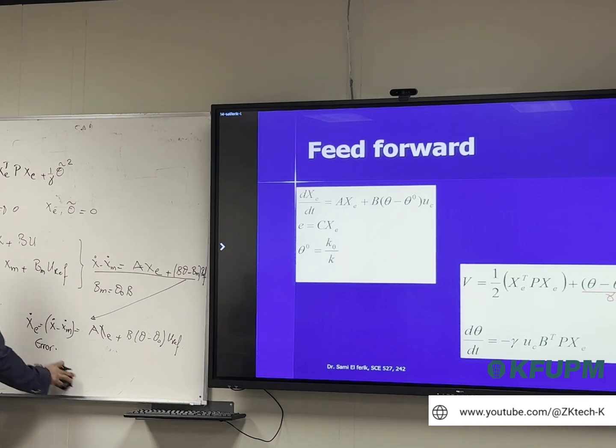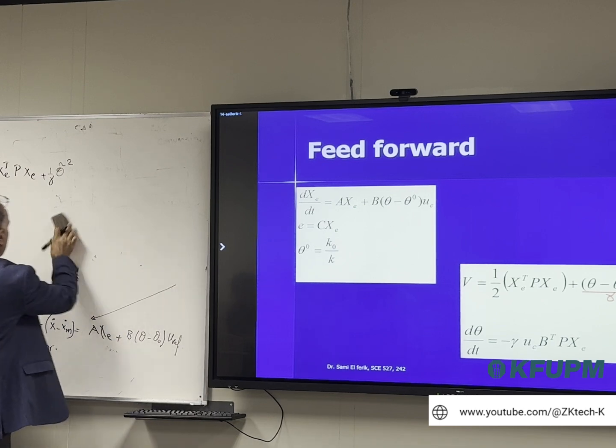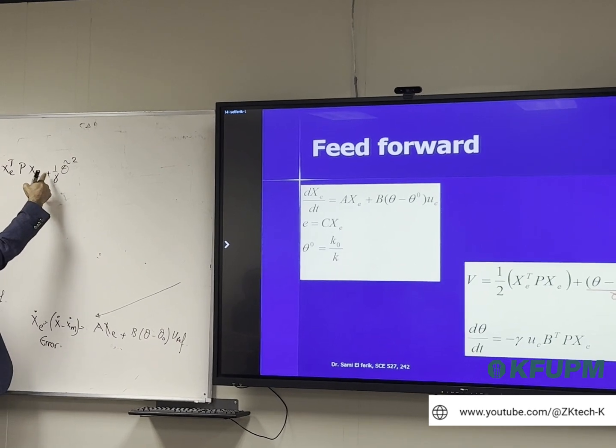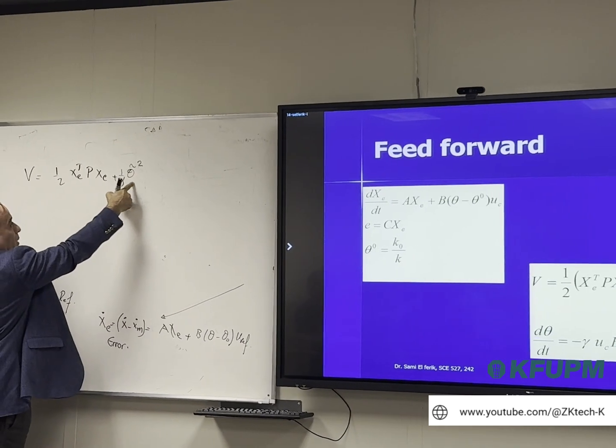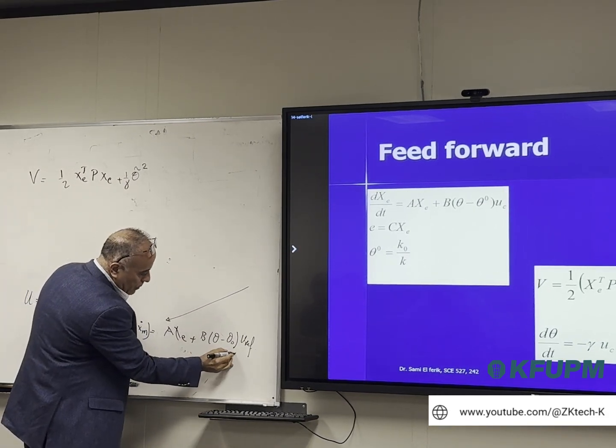So if you go back now to our function, we have the Lyapunov function equal to half xe transpose P xe plus 1 over gamma theta tilde squared. Theta tilde is the difference between these two.